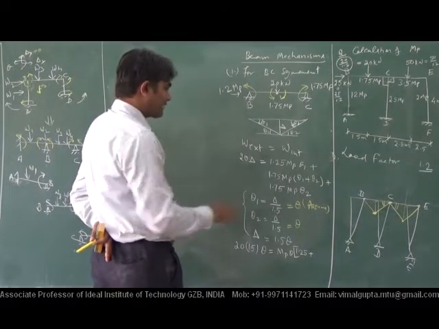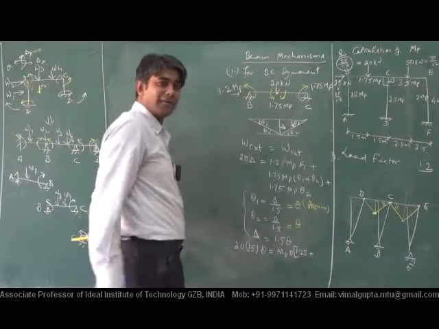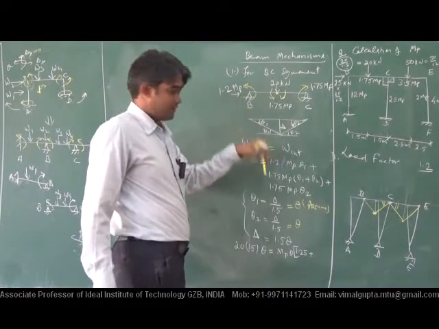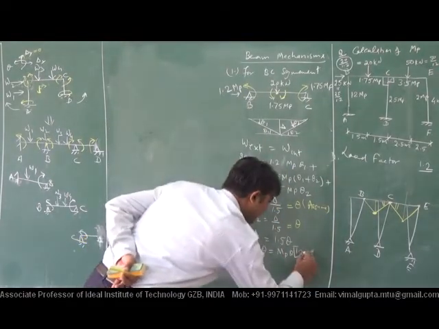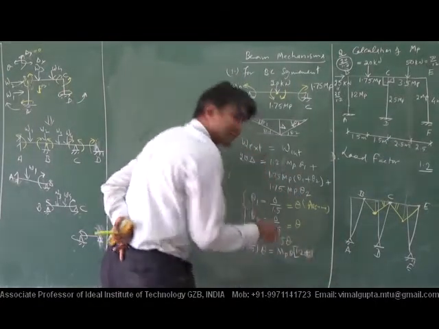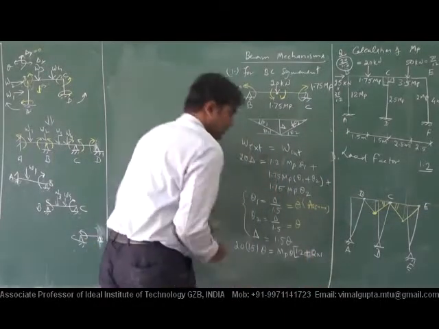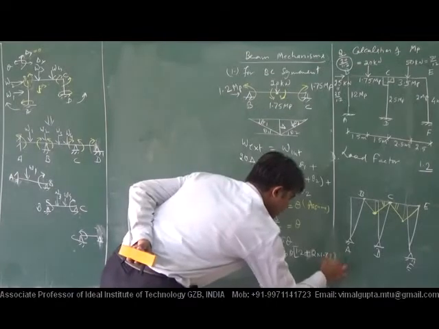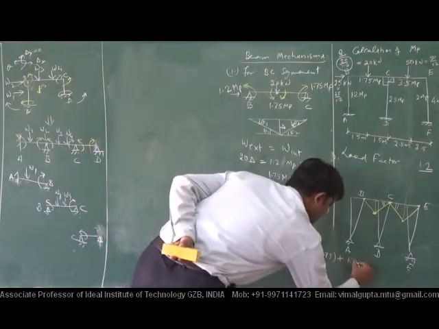I have written a wrong thing. It is 1.2, not 1.25, plus 1.75 double times, plus 1.75 only.